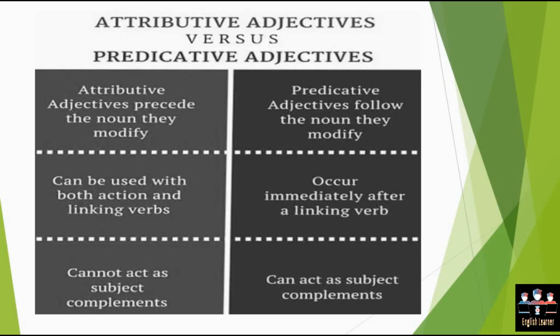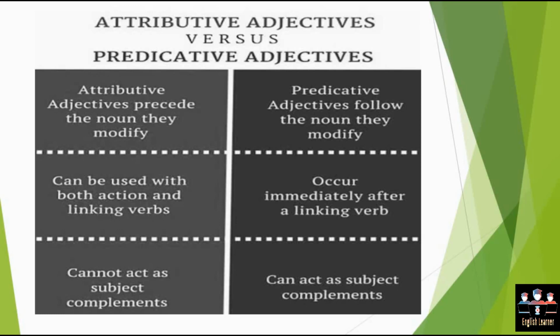Number 2 point in predicative adjective is they occur immediately after a linking verb. Means that they are going to be placed in a sentence right immediately after the linking verb. Number 3 point in attributive adjective is they cannot act as a subject complement.